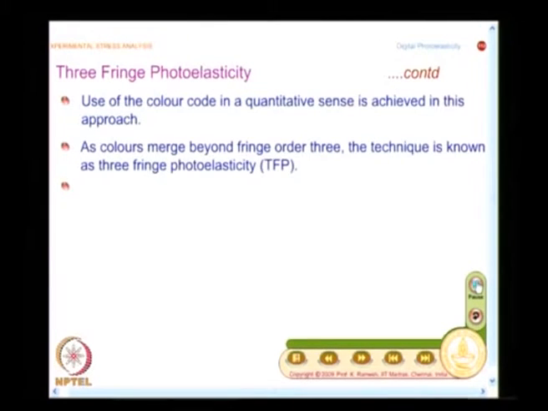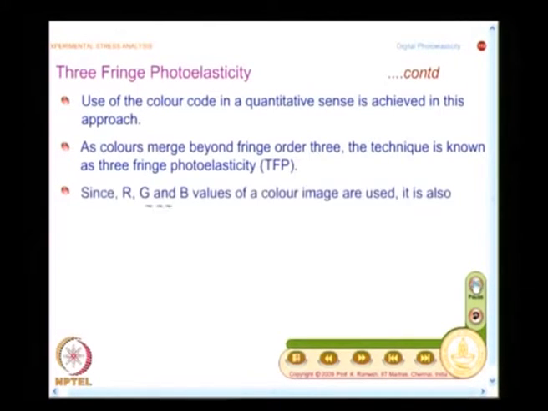And why do we call it 3 fringe photoelasticity? Colors beyond fringe order 3 merge, the distinction becomes difficult, and hence the technique is known as 3 fringe photoelasticity.